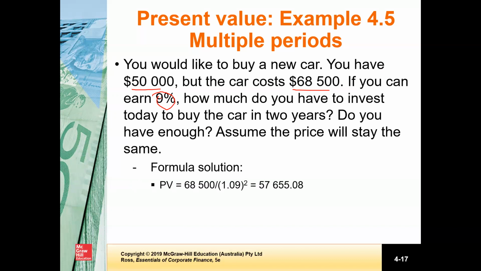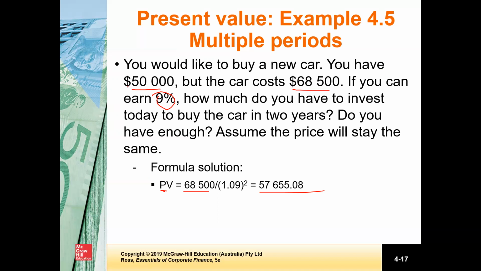Okay, so once again, present value is future value, which is $68,500, the amount you need to buy the car, divided by (1 plus the interest rate of 9%) squared. And you can see that the present value of this cash flow is $57,655, which means that you need to put in $57,655 so that you have $68,500 in 2 years' time to buy the car.